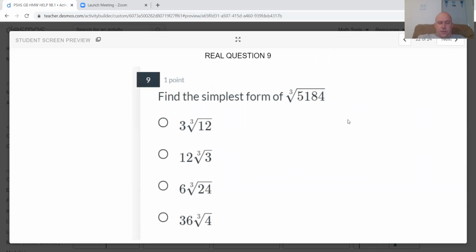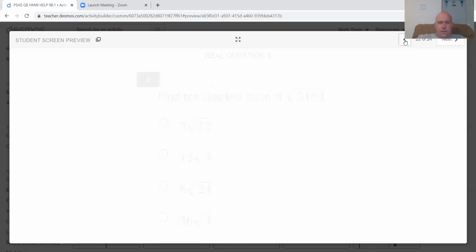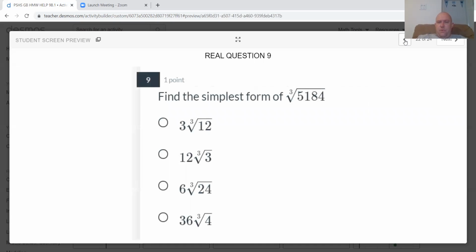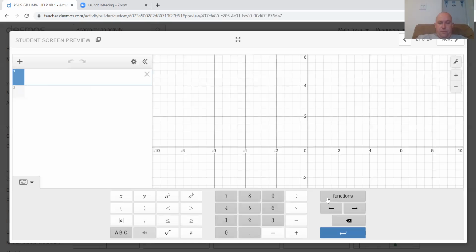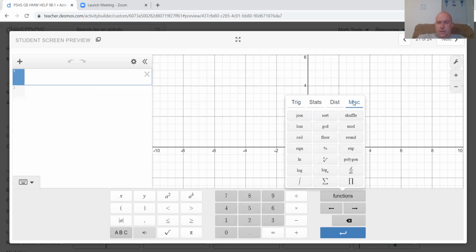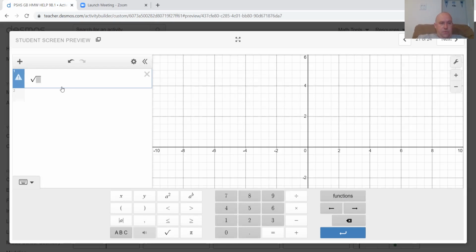And for the other questions, I think these are pretty similar to the other ones. I'm not sure I actually have anything for this one. Perhaps I do for this one. Cube root of 5184. So you would check in Desmos to see what it actually is. And I'm not going to do the whole question, but I'm going to get the question started. So we type in the cube root of 5184.